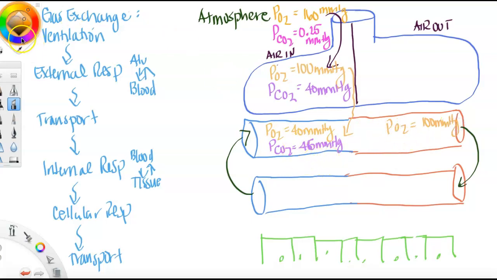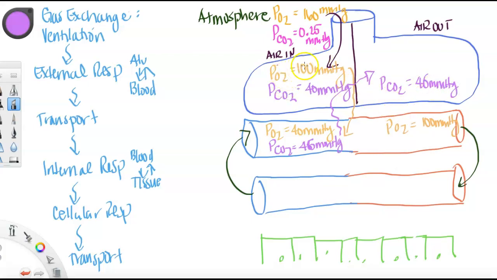The CO2 in the deoxygenated blood is higher than the CO2 in the lung, so the CO2 is going to go into the lung. So now the PCO2 in the lung rises to 46 millimeters of mercury.